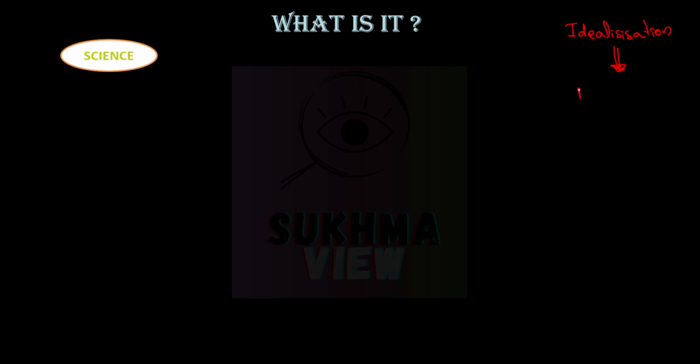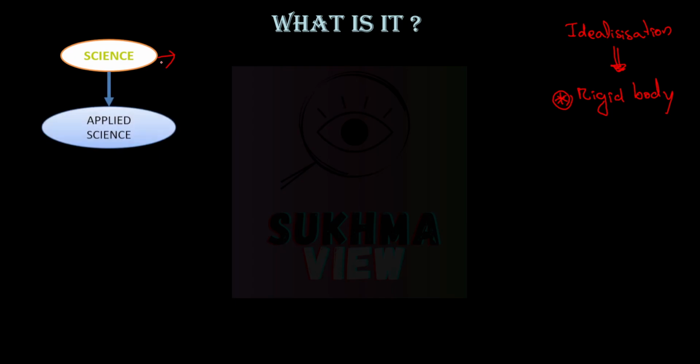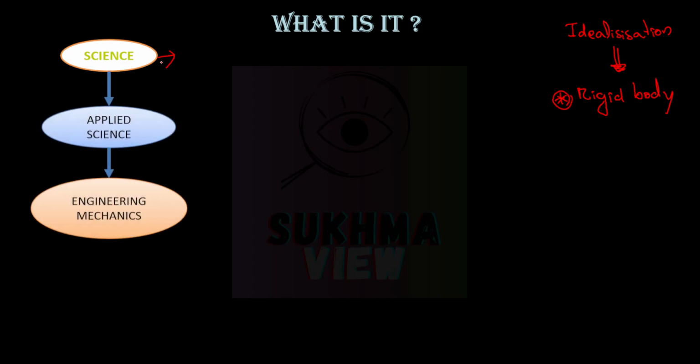Whatever object we are going to deal with is a rigid body. This is the idealization we have considered in this whole subject. So what is science, what is applied science, and what is engineering mechanics? These are the three things we will discuss.